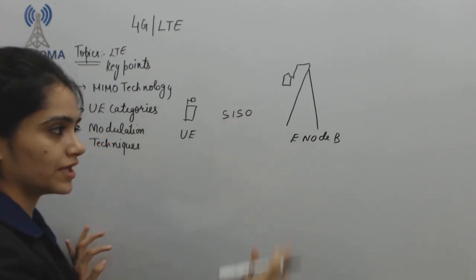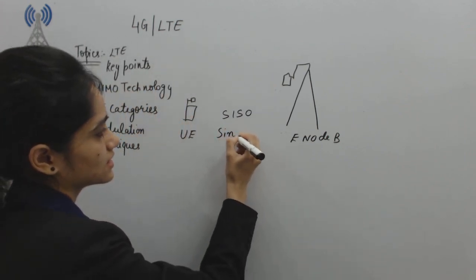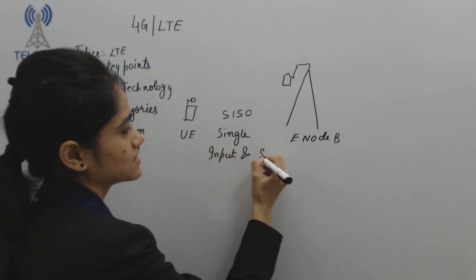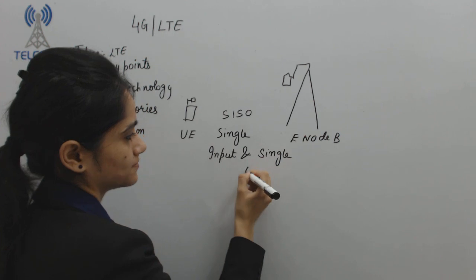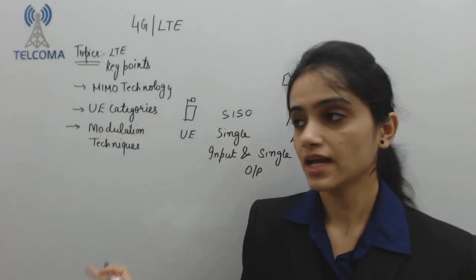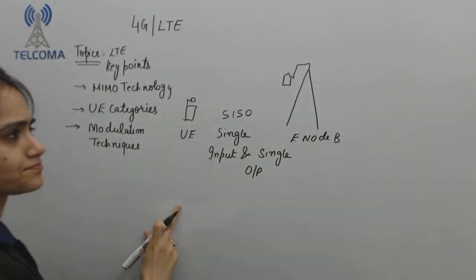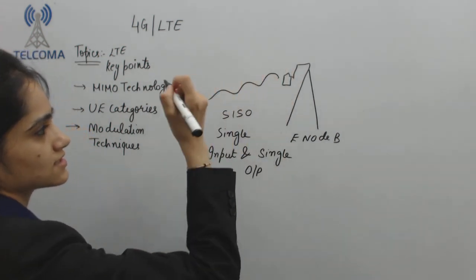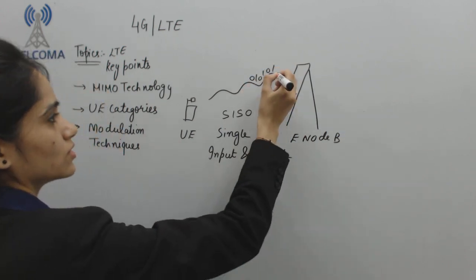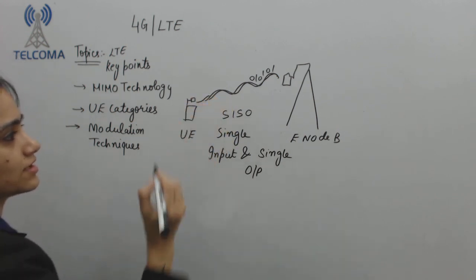The diagram I have drawn here is the SISO concept, which means single input and single output. This antenna radiates information like 010101, and this pattern reaches the user equipment.